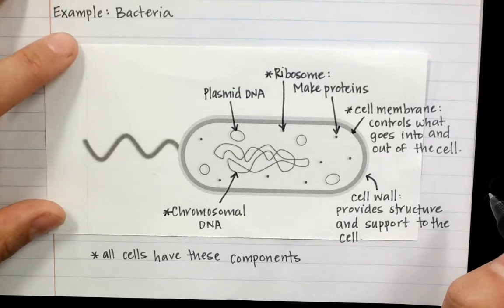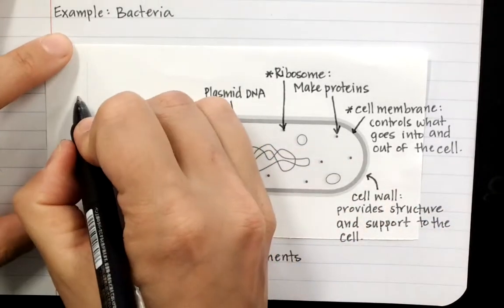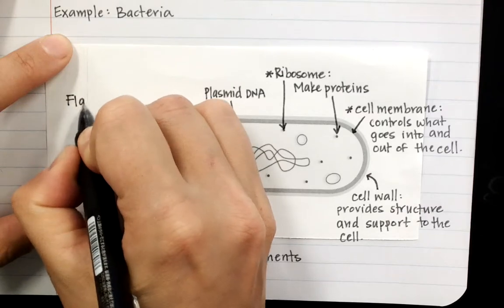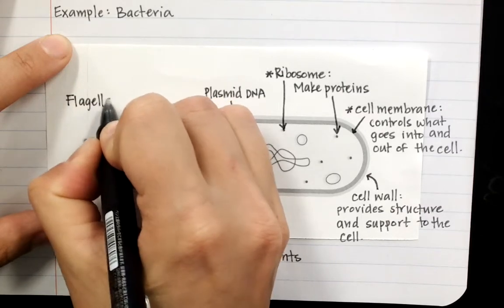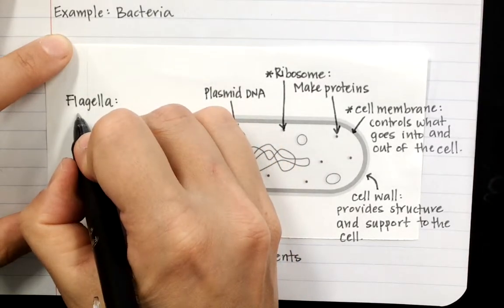All right, there's only a couple more things that we need to talk about. We need to talk about this weird tail-like thing. This weird tail-like thing is called a flagella. And it provides movement.